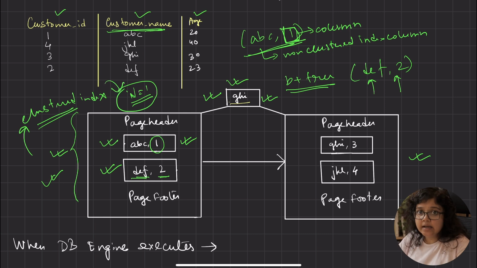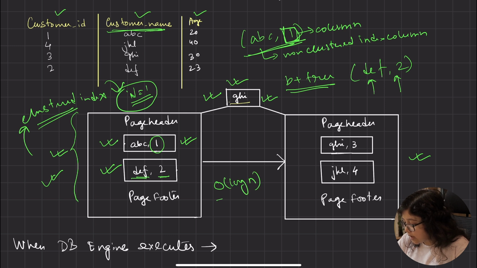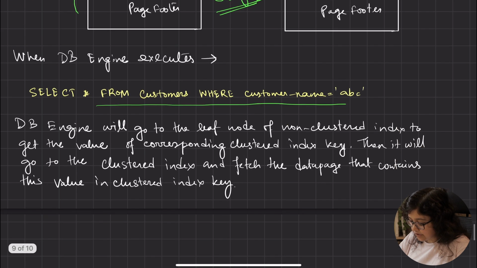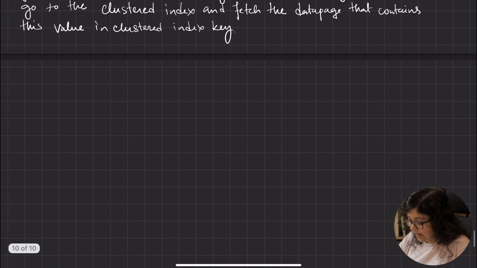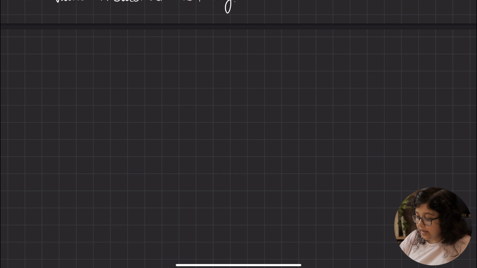As both clustered and non-clustered indexes for InnoDB are stored in B plus tree, the time complexity of the search using the non-clustered index will be O of log n. So from this discussion we can see that the non-clustered index and table are separate entities, so they are not stored together.